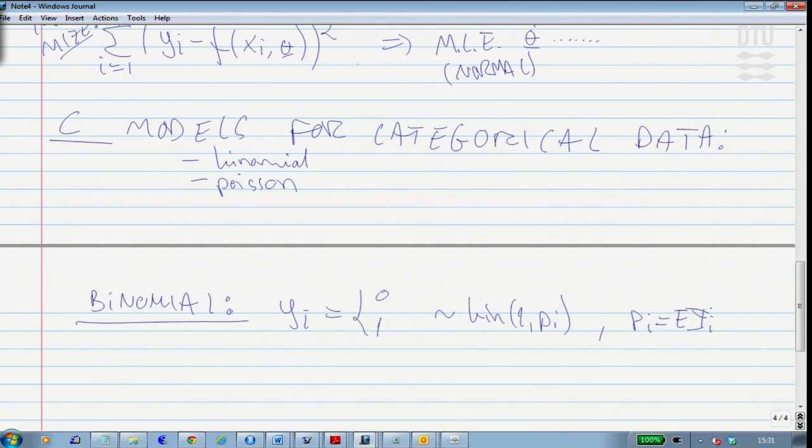So now regression models for binary outcomes like this would not be expressed as a direct link between the observation and the x input. However, some nonlinear function, for instance, what is known as the logit, is used. So the log of this odds, pi divided by 1 minus pi.